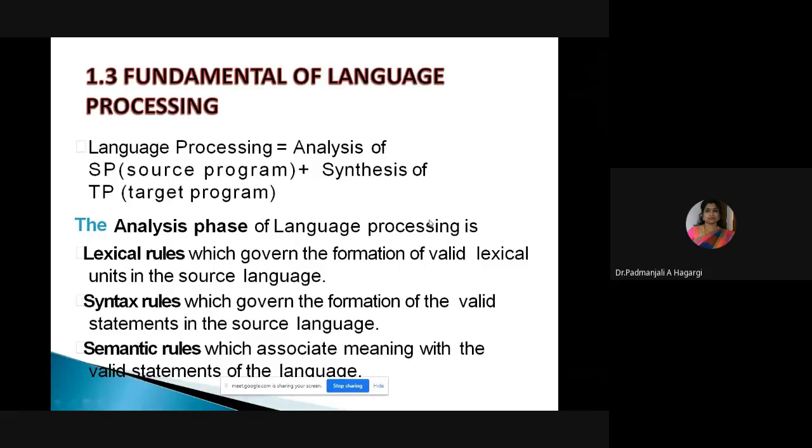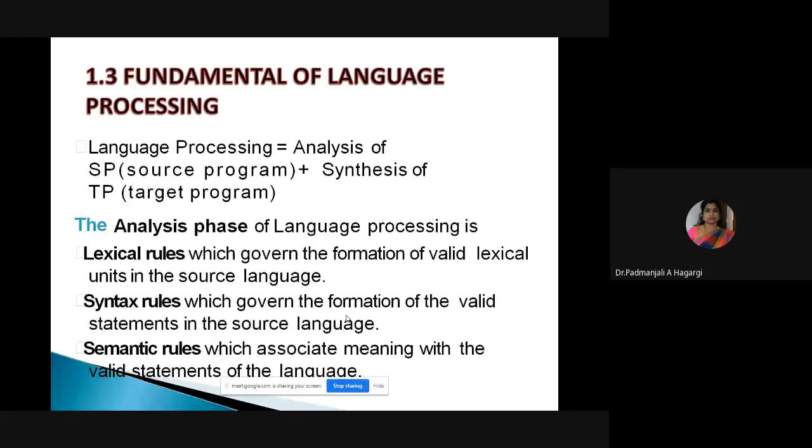Of the source language. Then the syntax rule, which governs the formation of the valid statements in the source language.